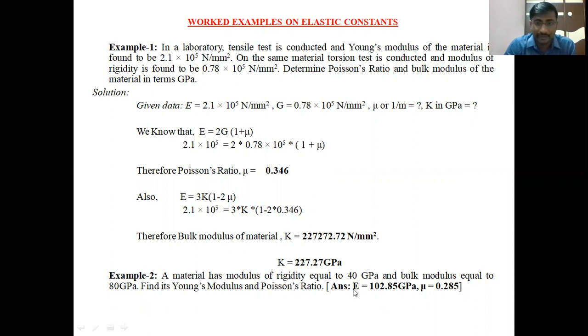In this problem, we have to find the Young's modulus E value and Poisson's ratio mu. Try the relations between E, G, K and find the Young's modulus and Poisson's ratio. Clear, students? G and K values are given. You try it, solve it and check the answers.